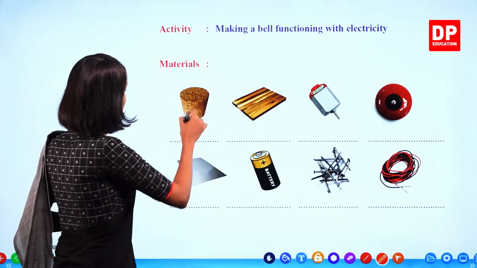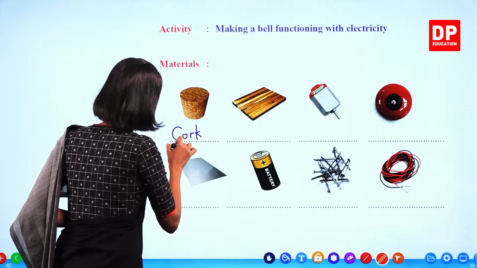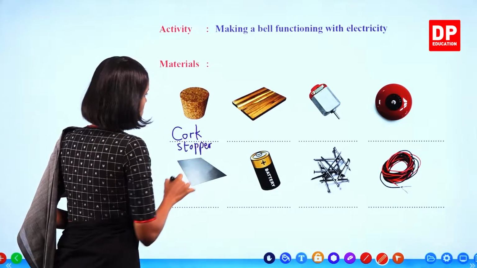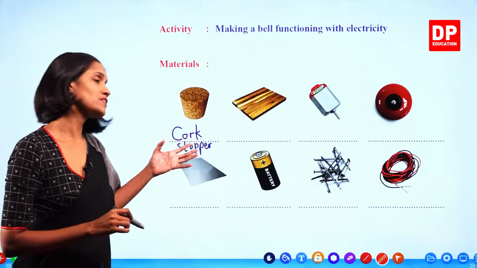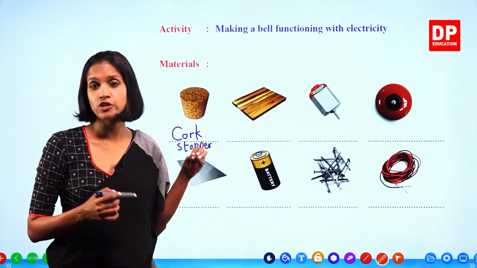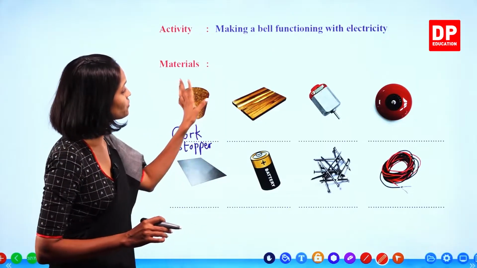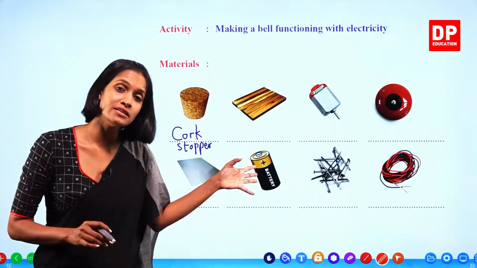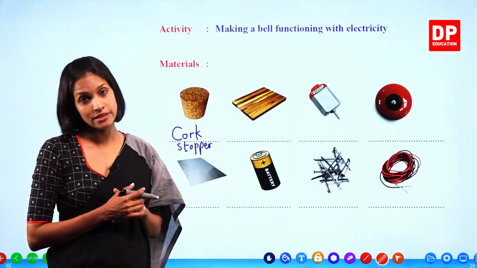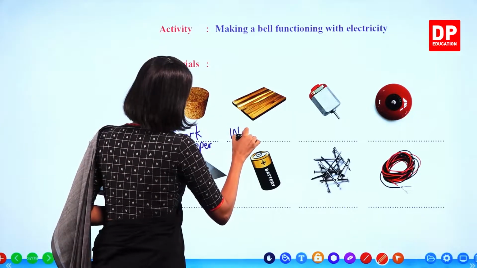Let's write. Cork stopper. Sometimes you can change the materials with whatever you can find. You can make this setup. So when I show you the setup in the lab, you will understand that even if you don't have the exact same materials, you can make it with other types of alternative materials too, right? Wooden plank.